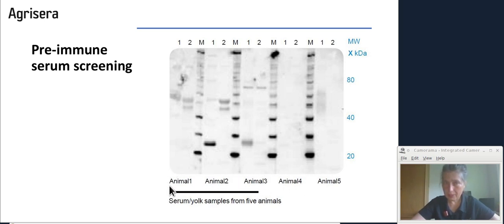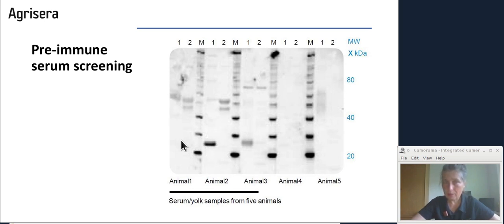And as you see here, animals 1 and 2 already in pre-immune serum have reactivity against Rubisco. Also, animal 2 produced a very pronounced signal against a protein above 20 kilodaltons.